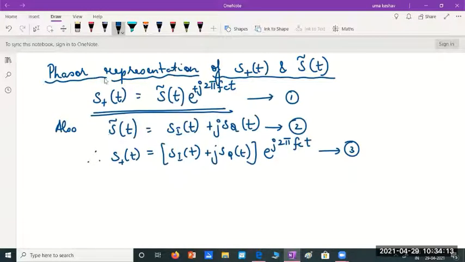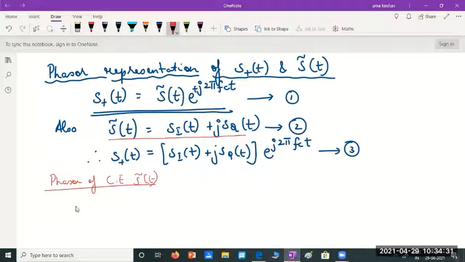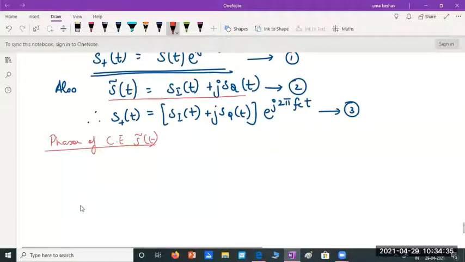First, let me draw the phasor of the complex envelope s tilde of t, which is easier. Here, which is the in-phase and which is the quadrature-phase component? The in-phase component is s_I of t, which will be along the x-axis.